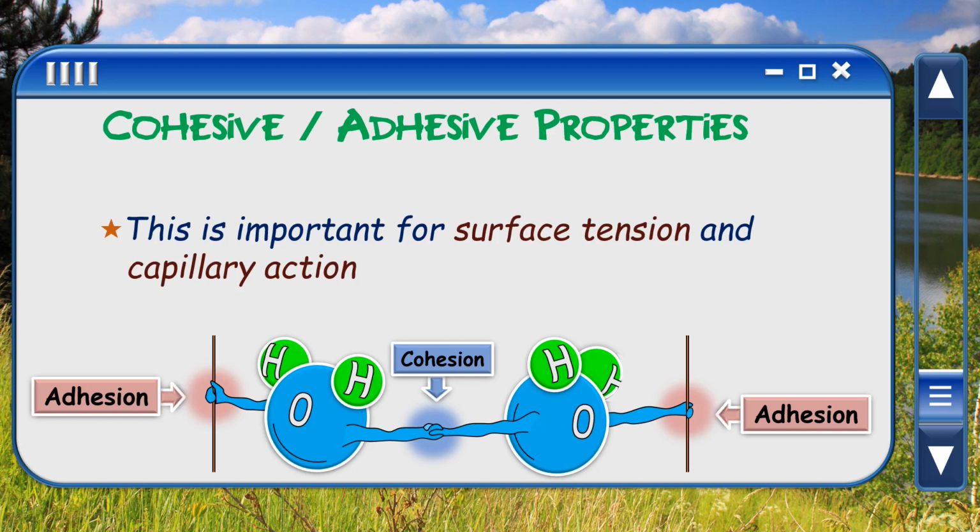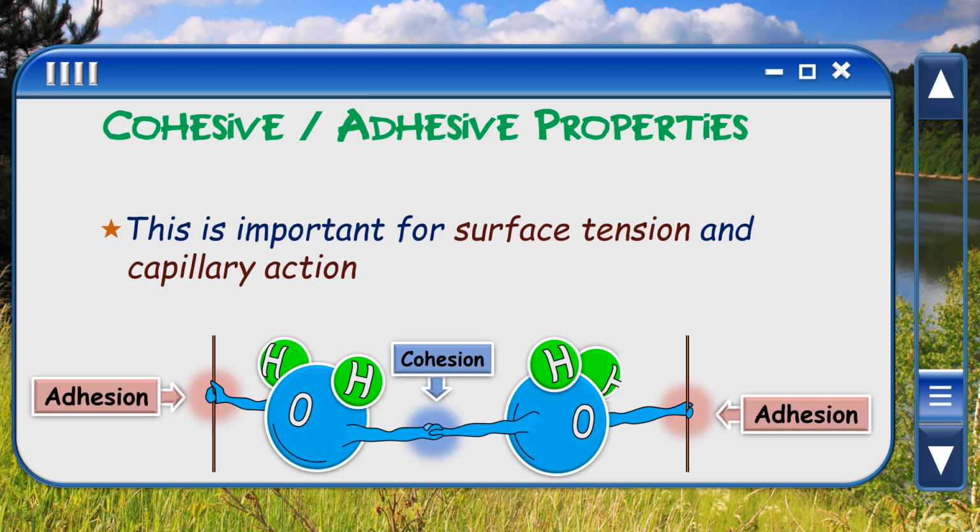Cohesion and adhesion properties are important for surface tension and capillarity. For example, water is moving in a tube.